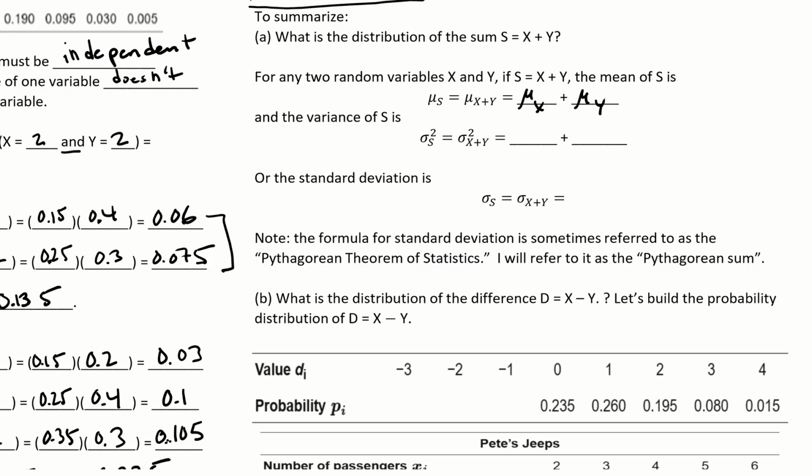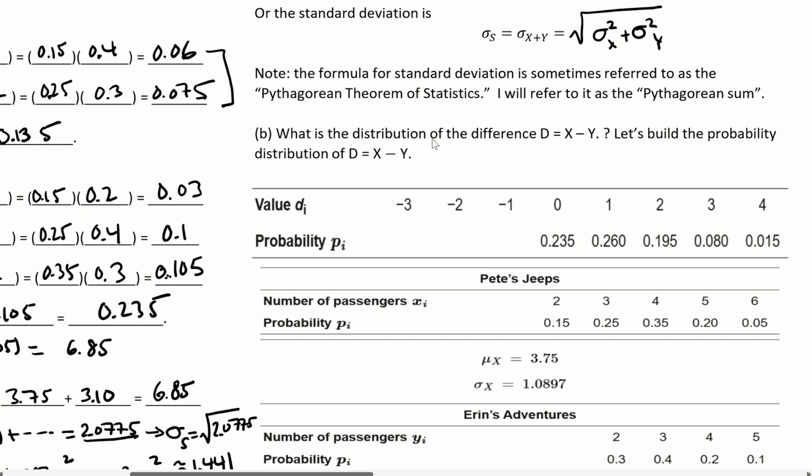If I want the variance, I can simply add the two variances. But if I want the standard deviation, I do not add the individual standard deviations. I take the square root of the sum of the two variances. All right, that's what we have so far.